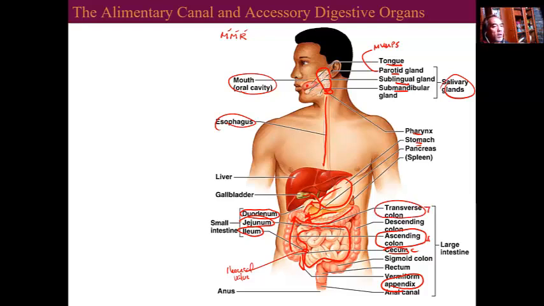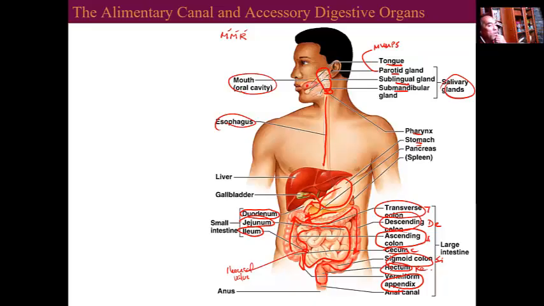And then from there, it's going to go down to the descending colon, this DE, and then we'll pass through this S-shaped structure called the sigmoid colon, that's SI. Then the last one is going to be this pouch called the rectum, RE.